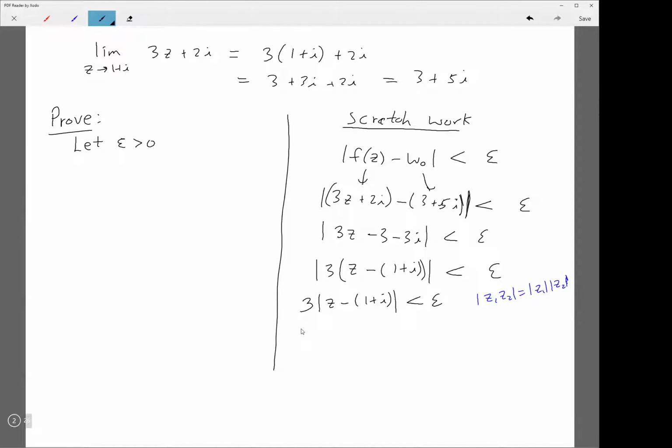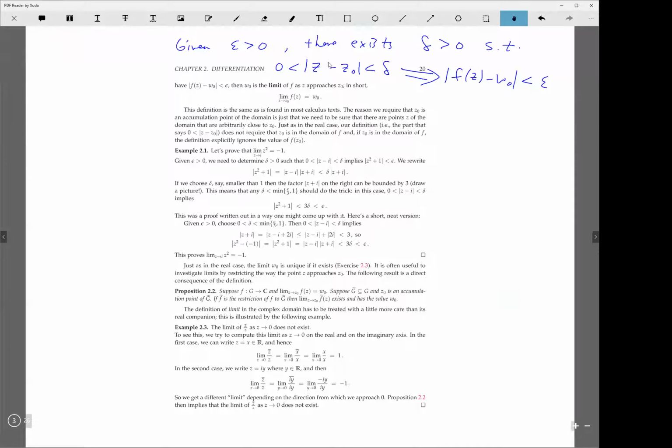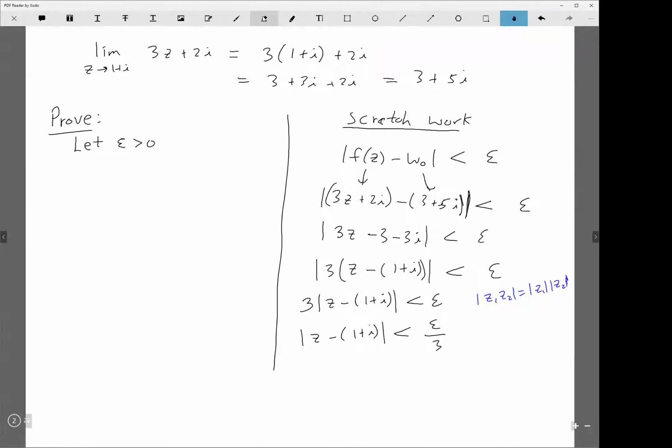And then we just isolate this, like that. And then this piece right here is exactly this. So z minus z naught in parentheses, less than that. This part is z minus z naught.